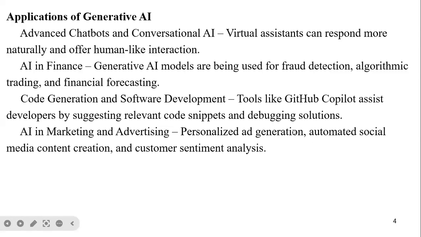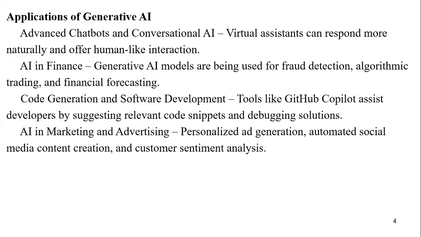Applications of generative AI. Mainly, generative AI is used in advanced chatbots and conversational AI, for example on websites or sites where you require virtual assistants; we can see that they use generative AI models. Also, in finance we can use generative AI models to detect fraud and for financial forecasting.